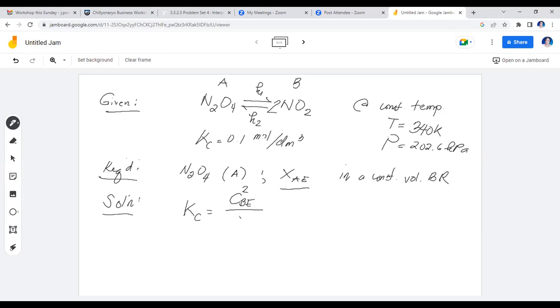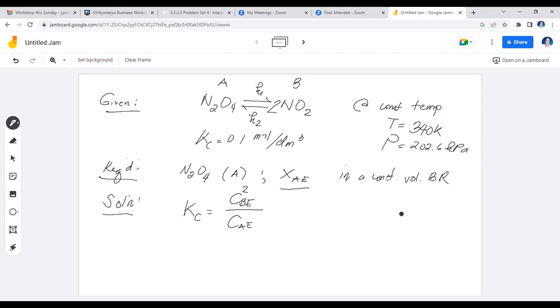Then I write the concentration of A at equilibrium, understood to be raised to 1 because its coefficient here is 1. Okay? So your equilibrium constant was written in terms of the ratio of the products raised to their coefficient in the stoichiometric equation to that of the reactants raised to their coefficient in the stoichiometric equation at equilibrium. So this is it.